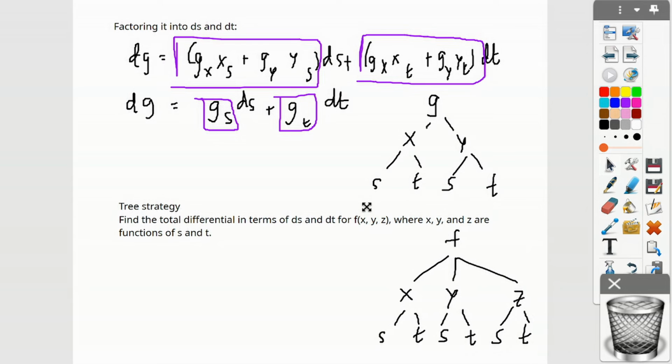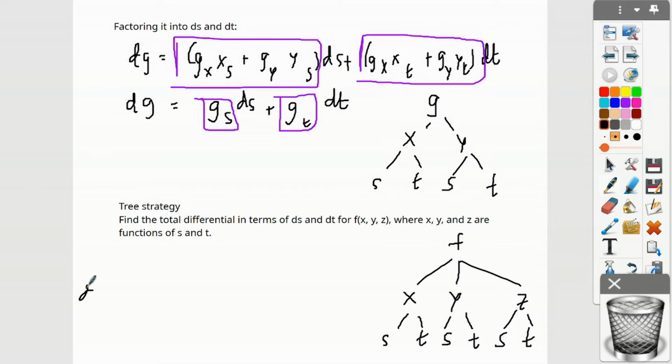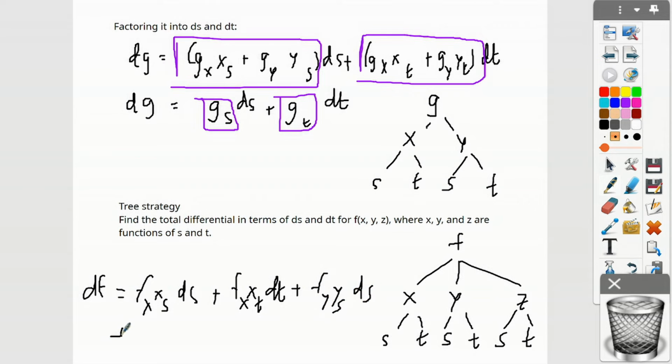That's a tree diagram. df is equal to f sub x sub s ds plus f sub x sub t dt plus f sub y sub s ds plus f sub y sub t dt plus f sub z sub s ds plus f sub z sub t dt. Easy as that. Really, really easy.